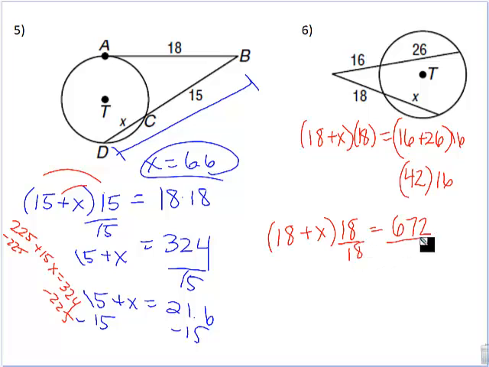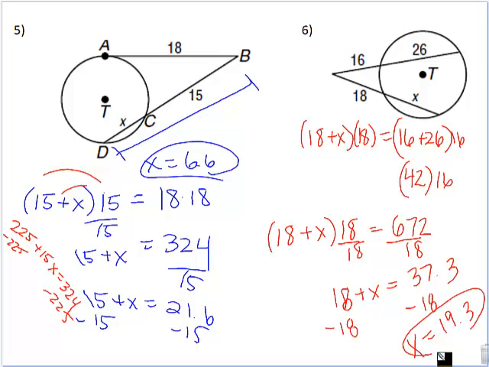So divide by 18. 18 plus x is equal to 37.3. Subtract 18, so what's x? 19.3. Is that okay?